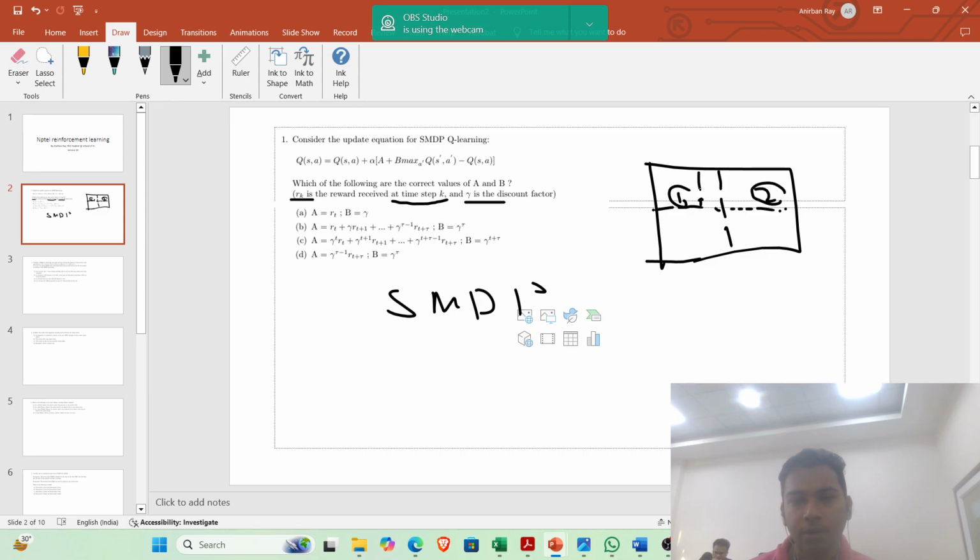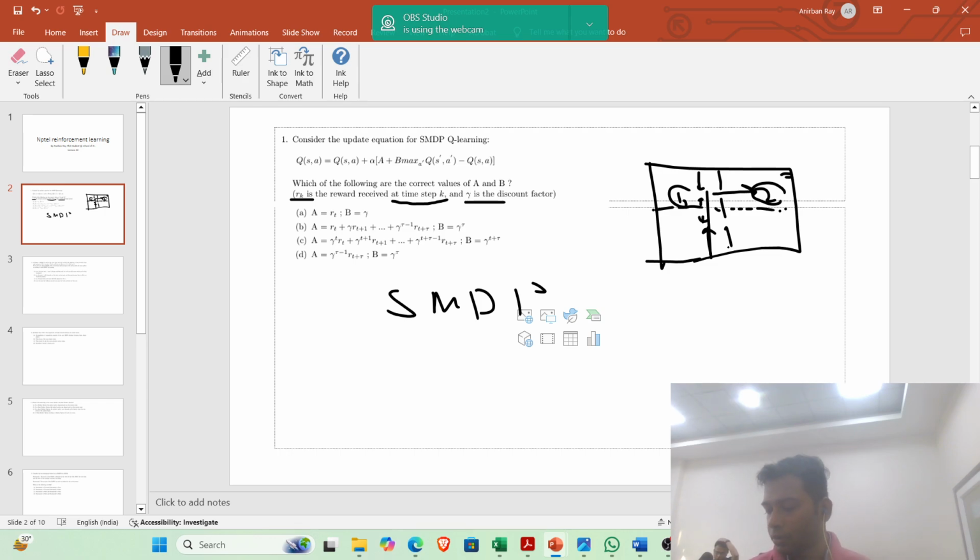If you're above, then go down. Suppose you're given a goal here that you have to reach this point optimally, then you'll take this path and then move right. Okay, so that will be the one.